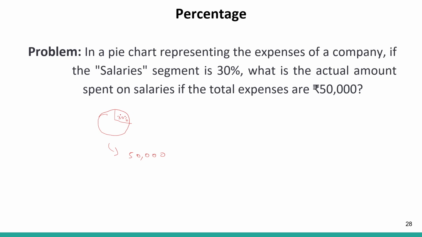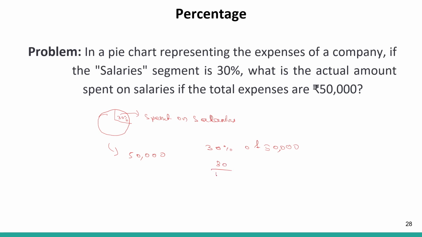Okay, so this much amount is spent on salaries. So how much is 30% of 50,000? The question is asked here.